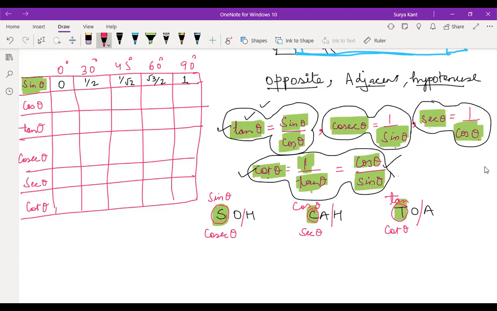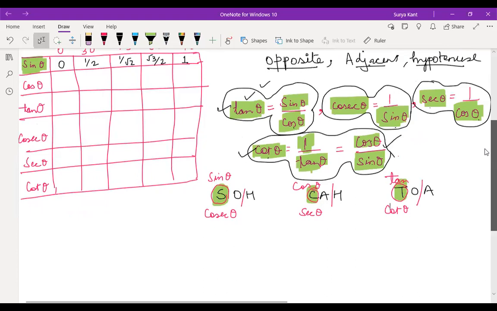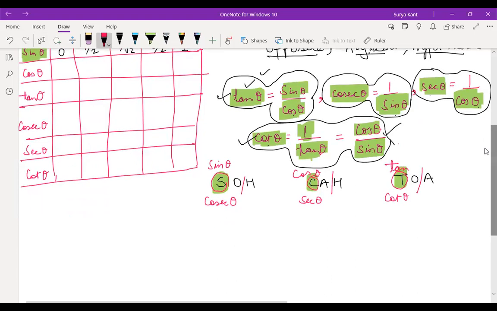Anyone having doubt? Or if you are learning in other forms, like perpendicular, base and hypotenuse form, you can remember like P by H, B by H, P by B. So we just say Pandit Bhola Prasad, Har Har Bhole.